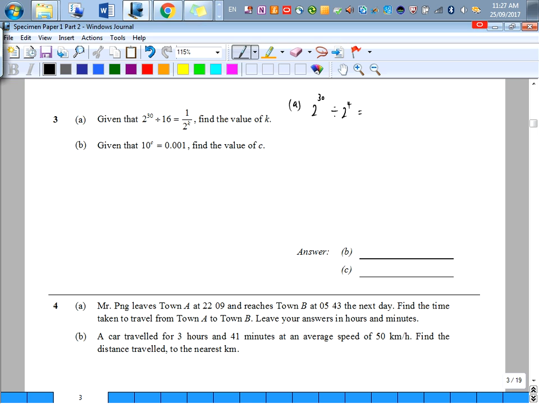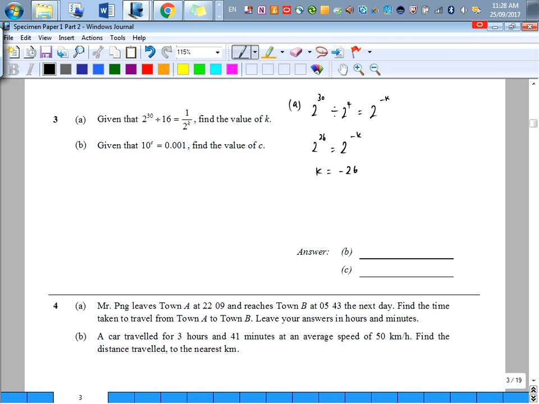Can I change it to base 2? 1 over 2 to the power k is equal to 2 to the power of negative k. Now, 2 to the power 30 divided by 2 to the power 4, we get 2 to the power 26. Do you know why? Yes, equals 2 to the power negative k. So k must be equal to negative 26.